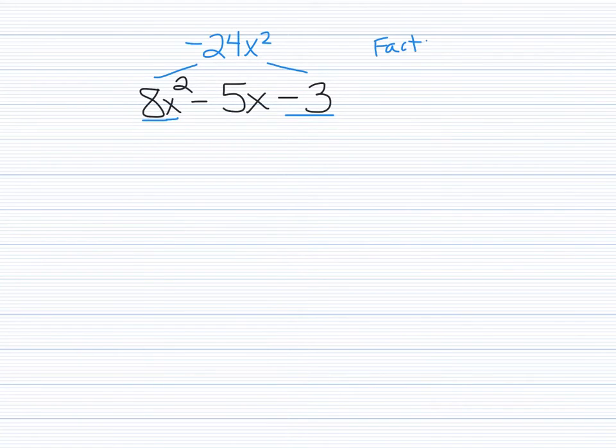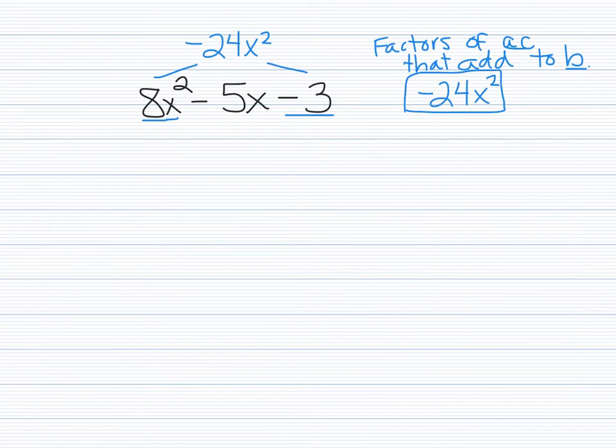Okay, so factors of AC that add to B. So let's take that negative 24x squared.